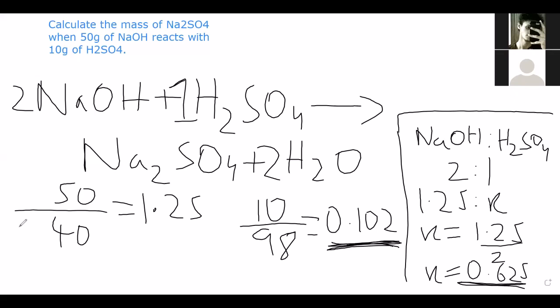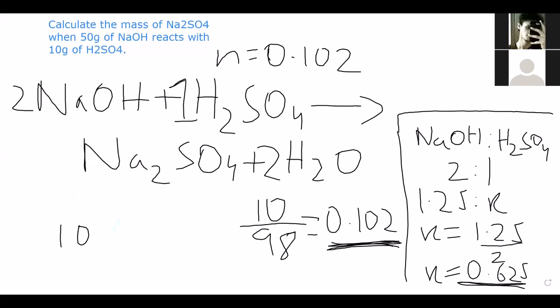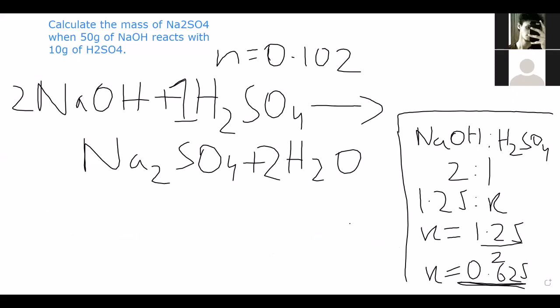So we'll use the moles of the limiting reactant. So the ratio of H2SO4 to sodium sulfate is 1:1. So the moles of sodium sulfate would also be 0.102.